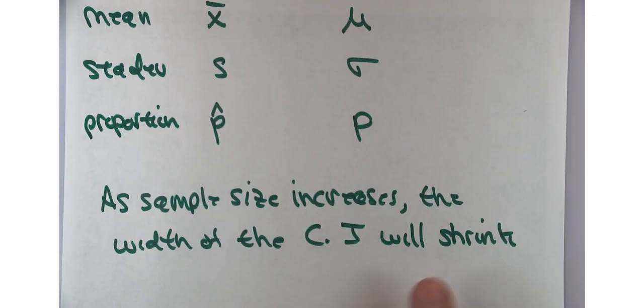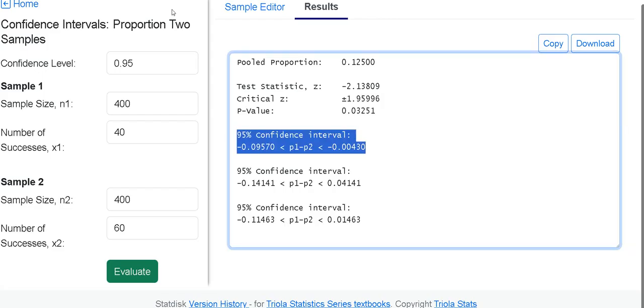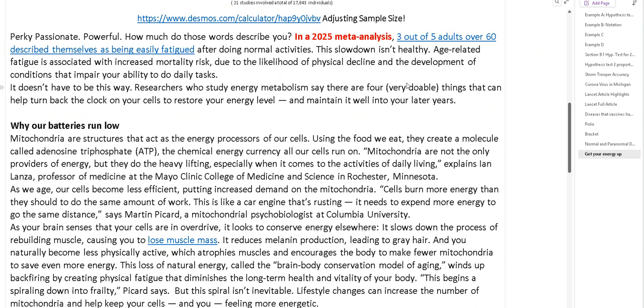Now you can write your confidence interval in a couple different ways. In particular, if you follow some of the links for this story that I was referencing, they had a confidence interval for the percentage of adults over 60 who described themselves as feeling easily fatigued.